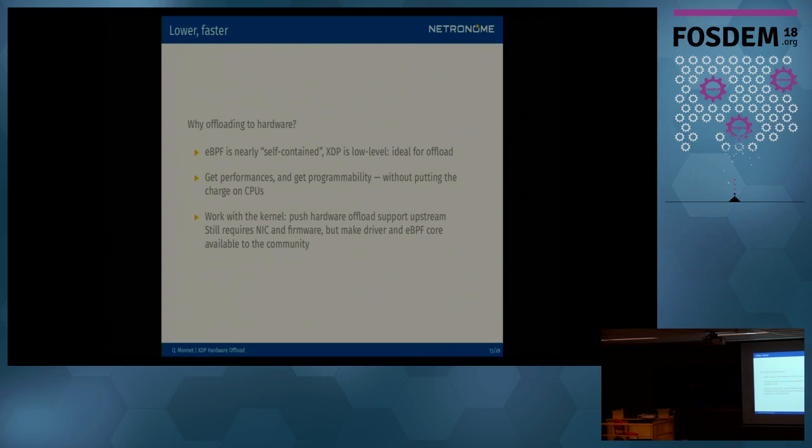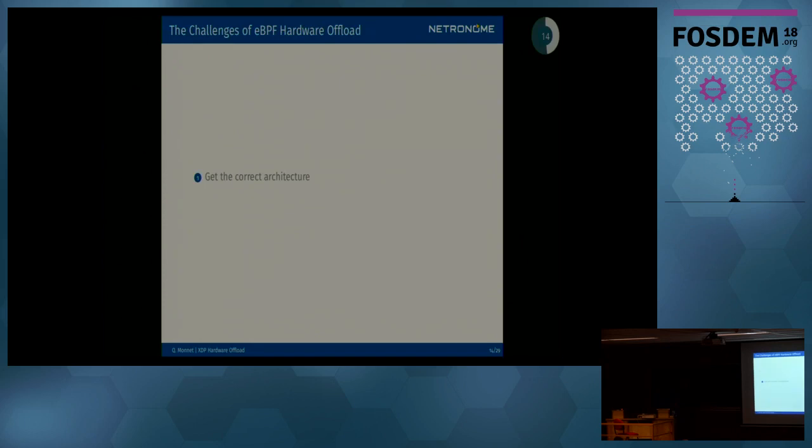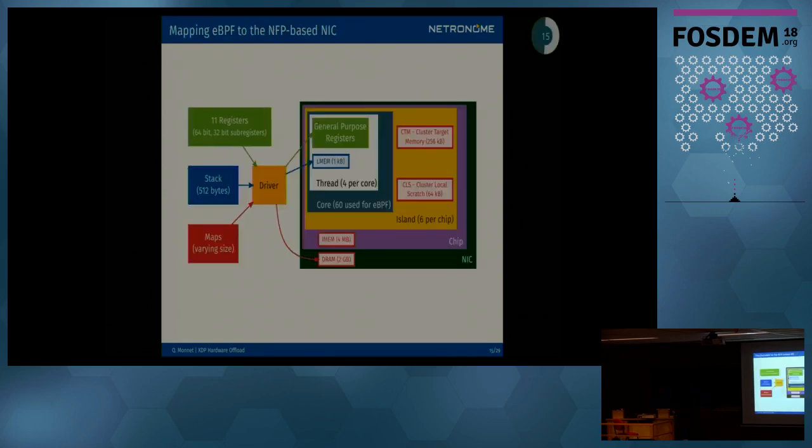So how does that work? First, if you want to offload, you have to get the correct architecture. You must have a card that's able to offload BPF. So this is a simplified presentation, of course, of the Netronome NFP card. You have a NIC, you have a chip on that NIC. You have 6 islands per chip.